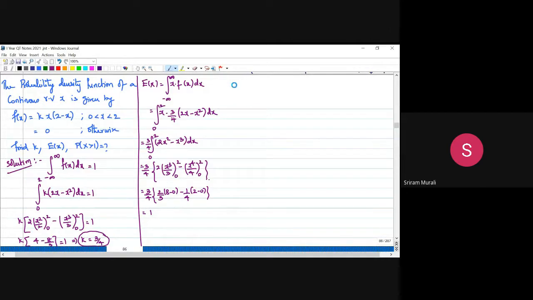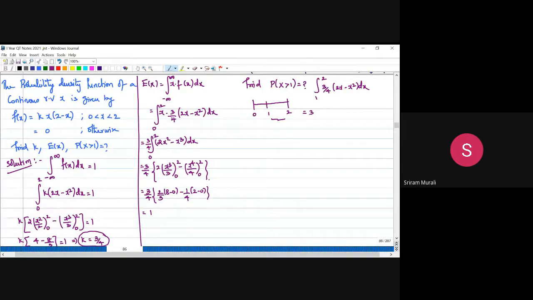The last one, you have to find the probability of x greater than 1. In the range of 0 to 2, you need from 1. So the minimum is 1, maximum is 2. Of your function, that is k into x, that is 3 by 4 into 2x minus x square dx.